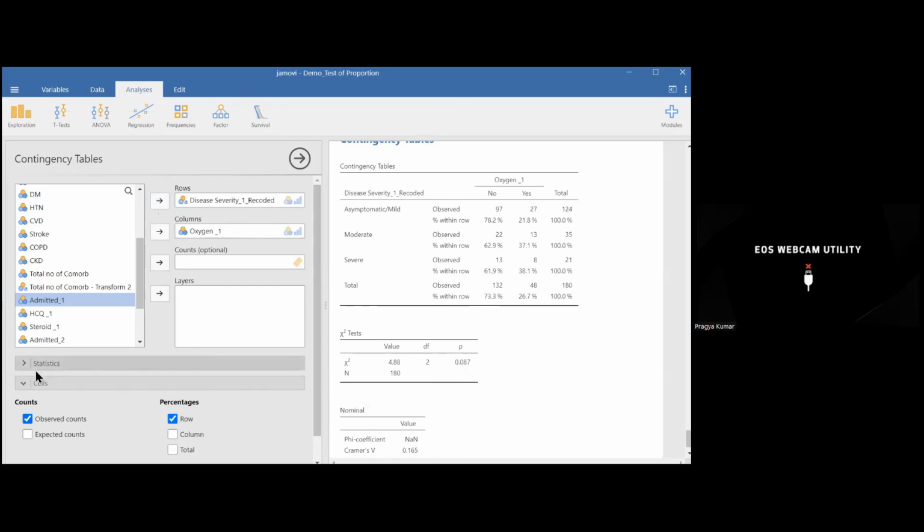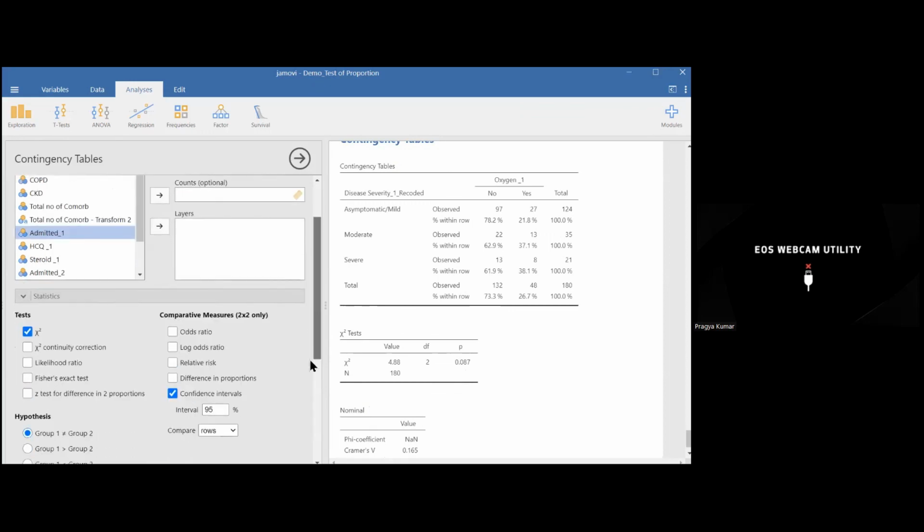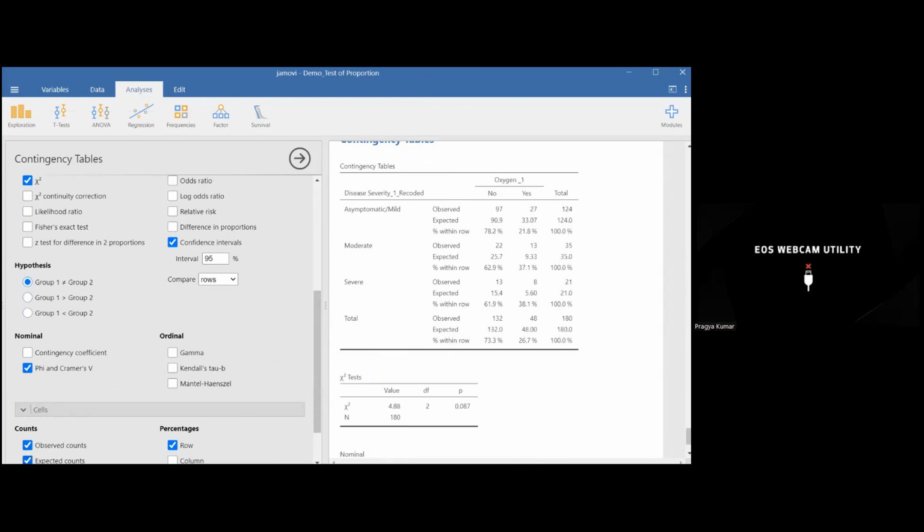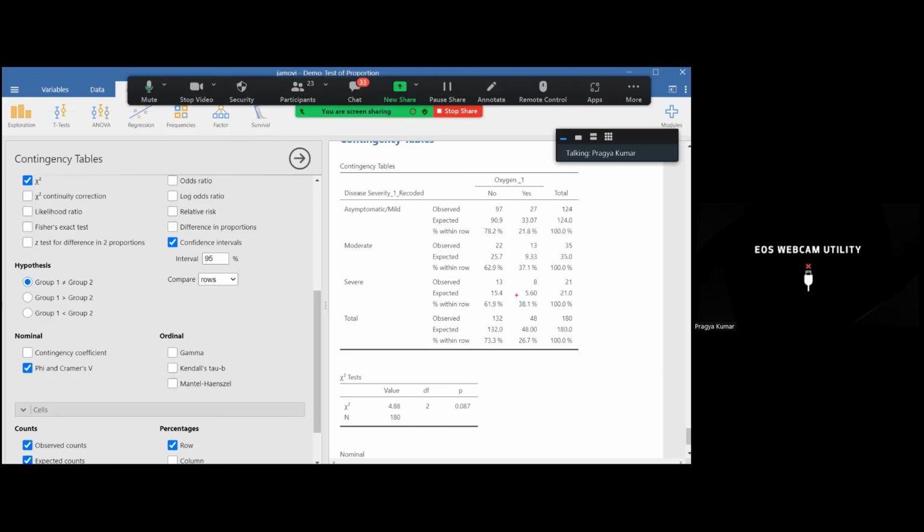Obviously, in the statistics, in this cell, you can click on the expected count. Whenever there is more than a 2x2 table, you can click on the expected count. You can see it is 25, 9, 33, 90, 15, and 5. So you can see this severity is borderline. Although we say that 80% of the cells, it is not that each cell.